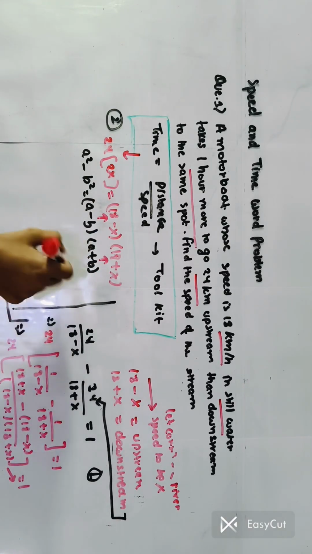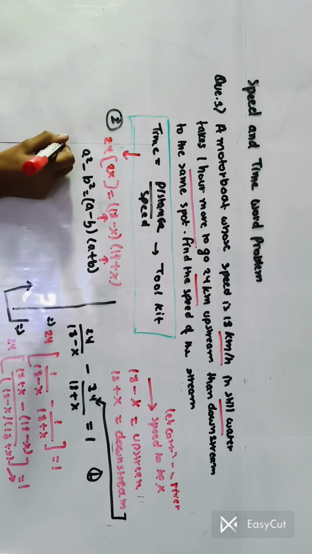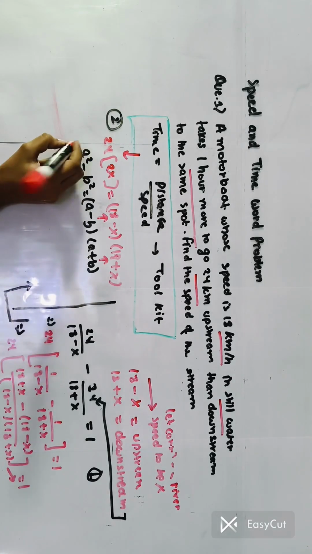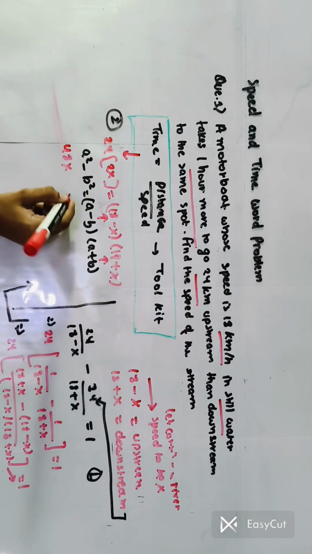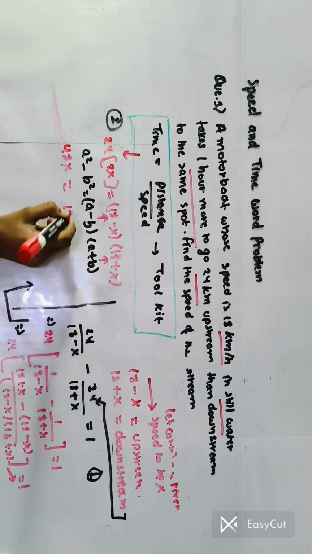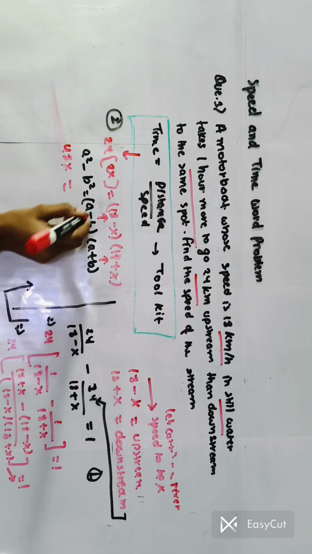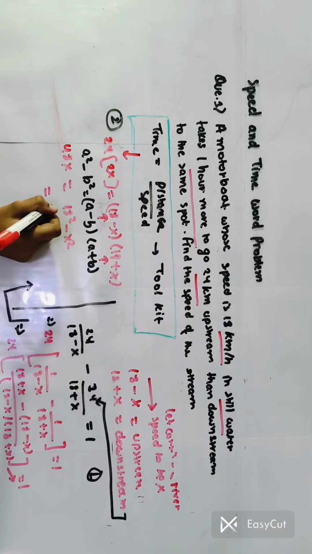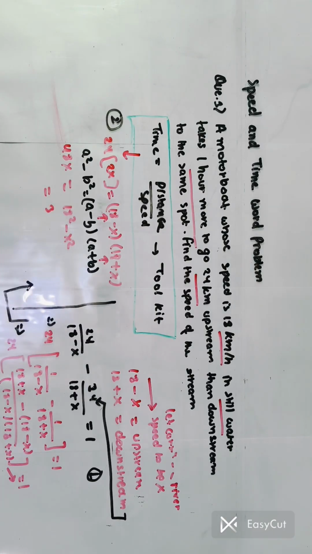Okay, here. So just put this in the equation and you will get, why write it again? It will be 48x equals 18 square minus x square, because minus x plus x is there. What is the square of 18? 324 minus x square.